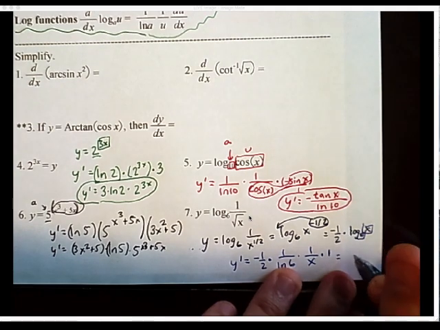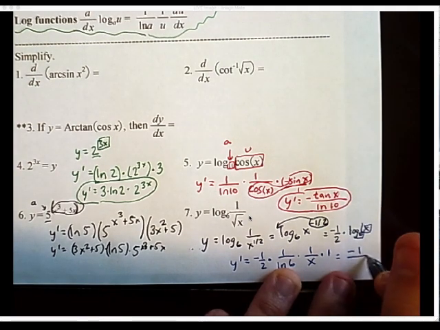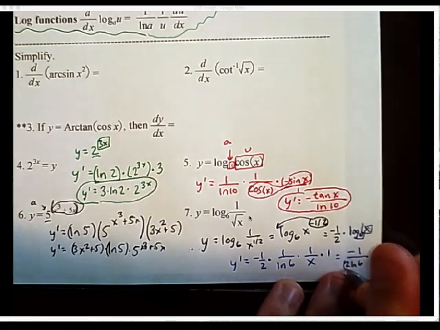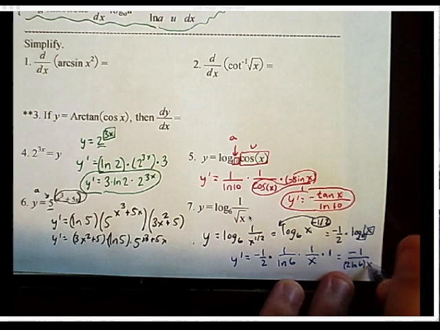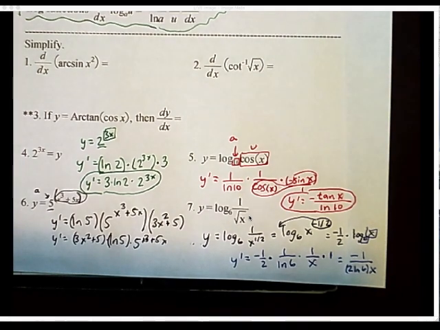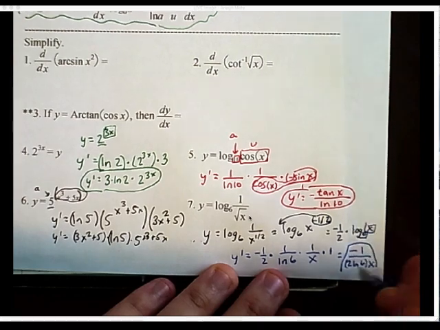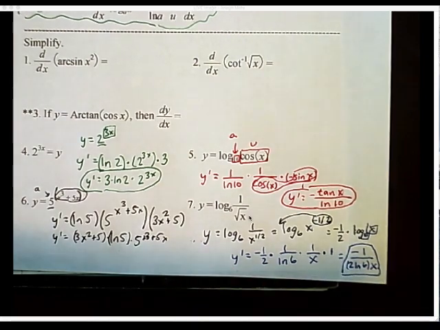So simplified, this just becomes negative 1 over 2 ln of 6 times x. And that's what the derivative would be there.